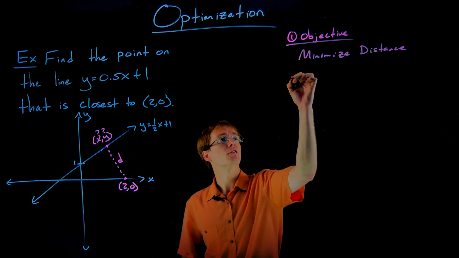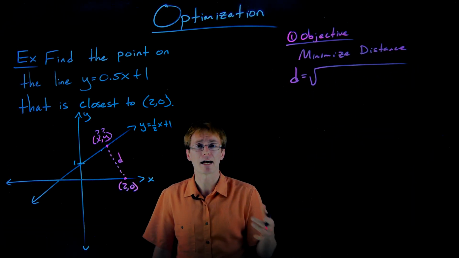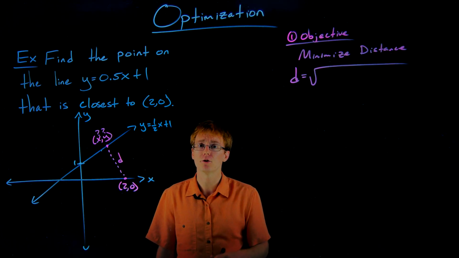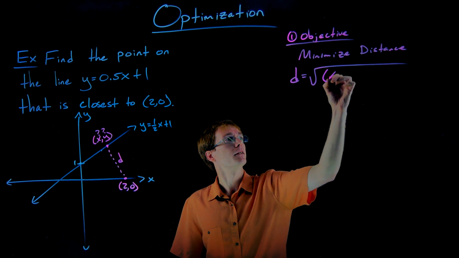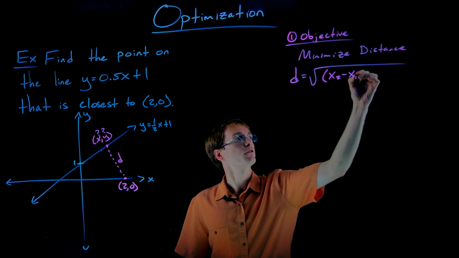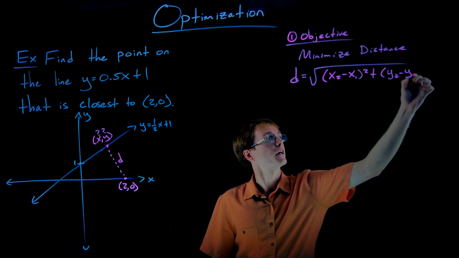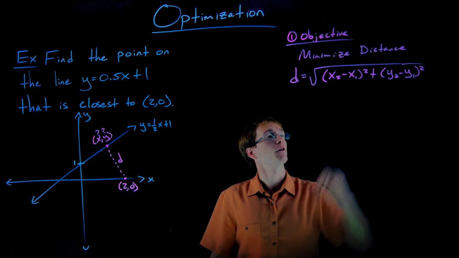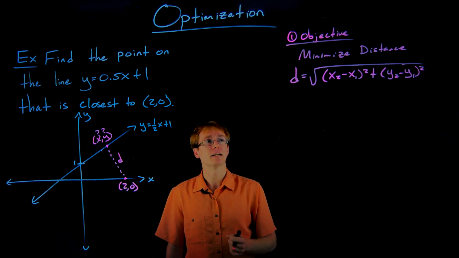Well, then we can use our distance formula. Remember, the distance formula says the distance between 2 points (x1, y1) and (x2, y2) is given by that kind of Pythagorean theorem formula. It's going to be the difference between our x values squared plus the difference between our y values squared. We add those two quantities up and take the square root, and that gives us the distance between any 2 points.